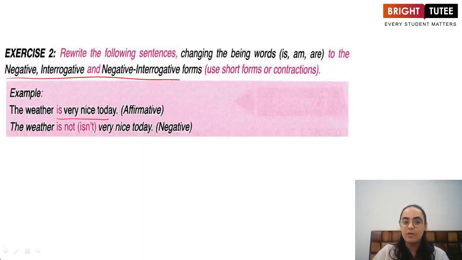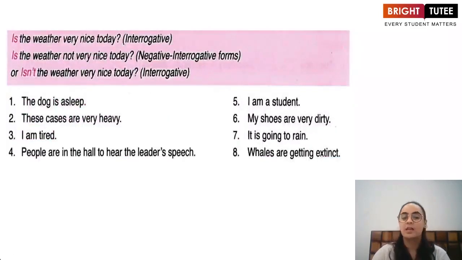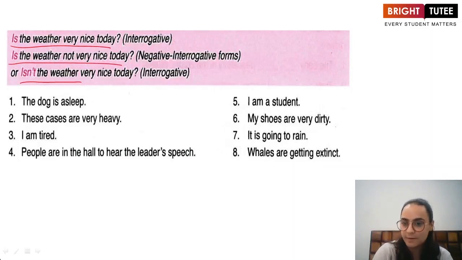The negative of it becomes, the weather is not or isn't very nice today. The interrogative becomes, is the weather very nice today? Negative interrogative becomes, isn't the weather very nice today?